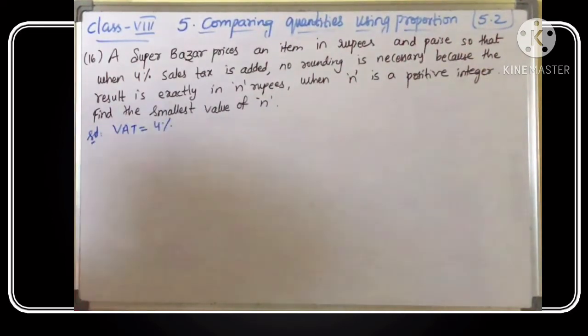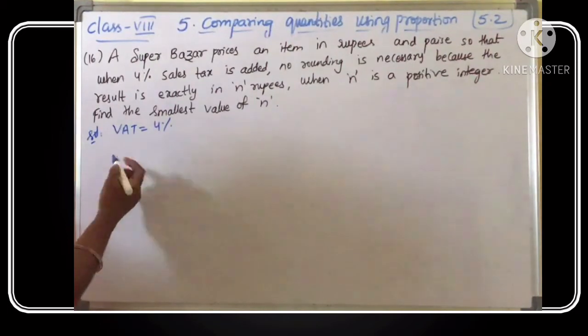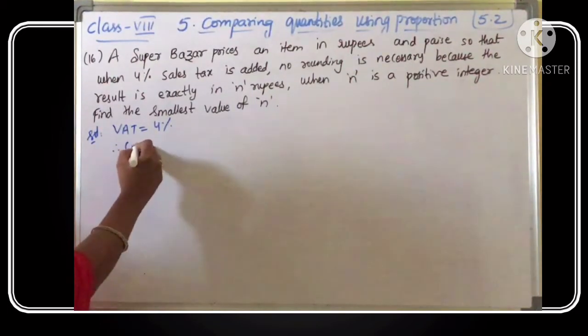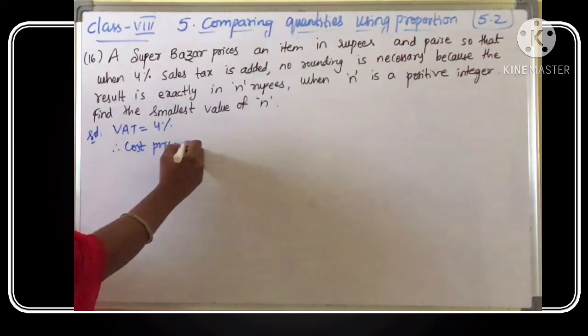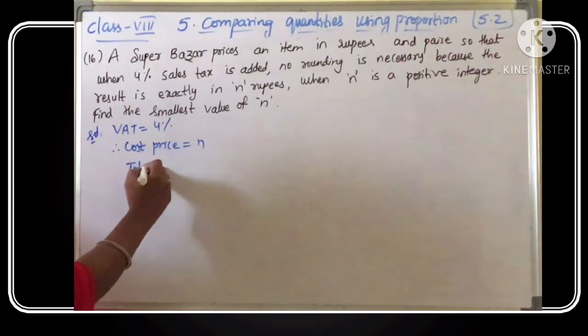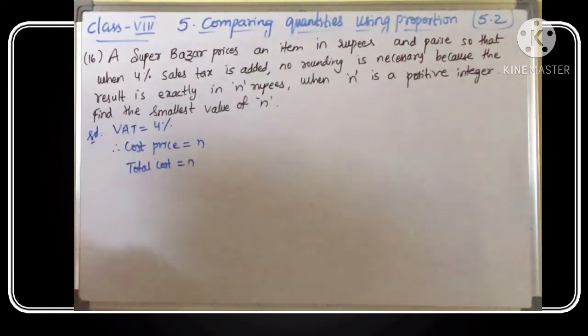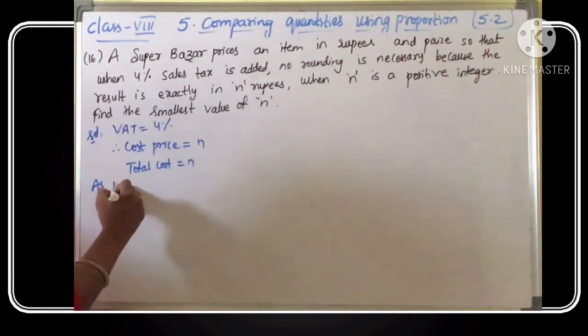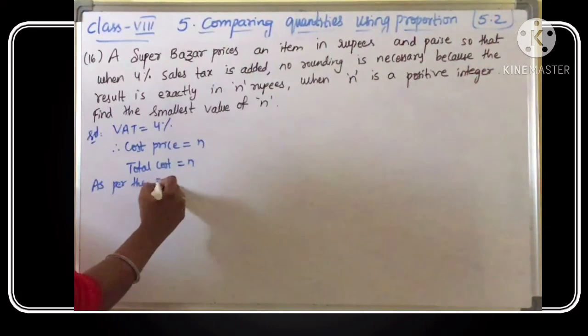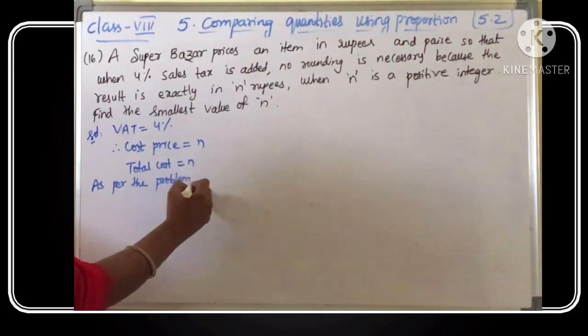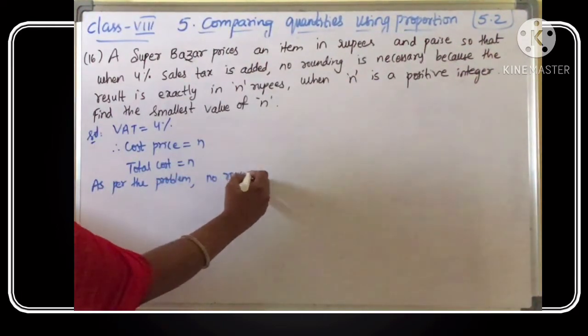Here, what is the price of the article? We don't know. So we will take the cost price as n, then the total cost as n. VAT is given as 4%. As per the problem, no rounding is necessary.